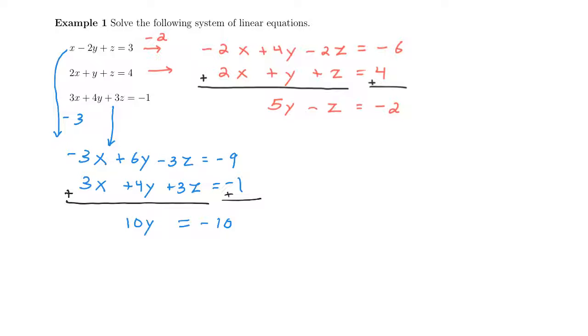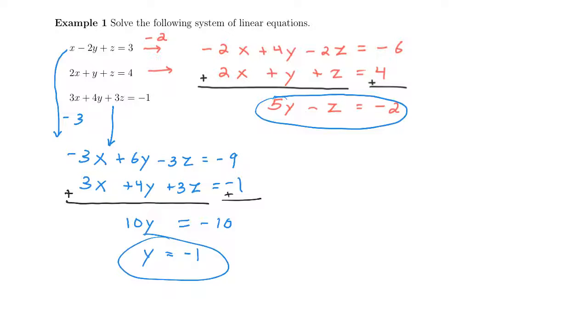I can now almost immediately solve for what y is equal to by dividing both sides by 10. y is equal to -1. So I still haven't worked with this equation yet, but I know y is -1.